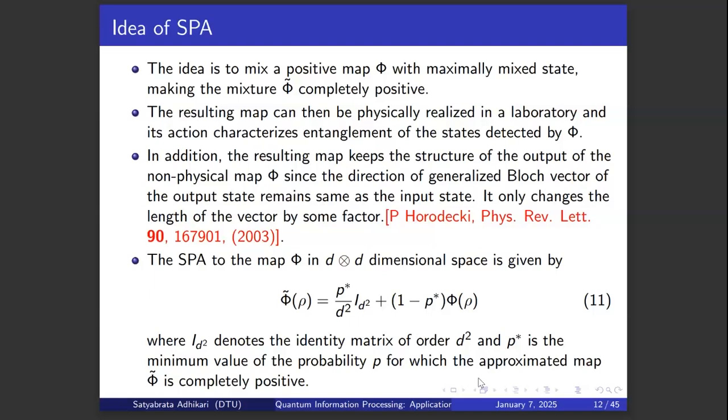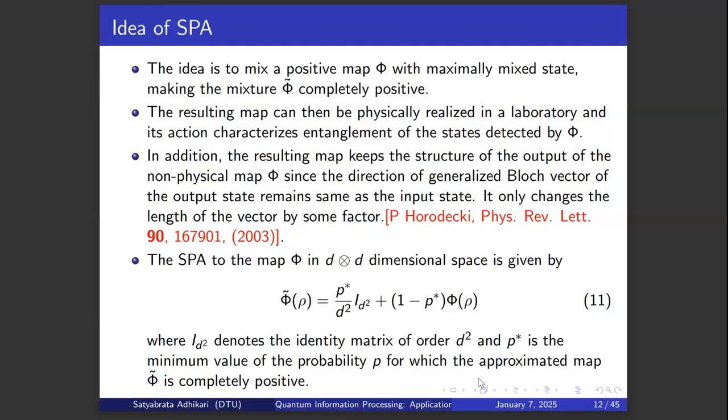That output is nothing but this mixture. The main task of this transformation is that the structure of the output of the non-physical map phi remains the same. The structure is not deviated after applying the structural physical approximation on the non-physical map phi. It keeps the structure of the vector the same.